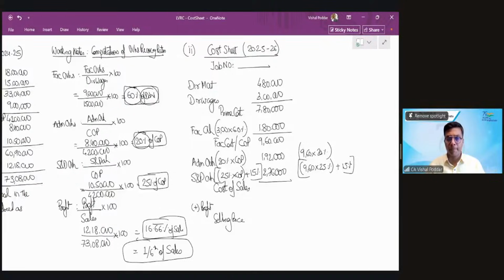This will be 468. And 468 plus 960 is 1428. Correct? Now, profit has to be maintained as 1/6 of sales. Now, we all know in maths, if it is 1/6 of sales, it will be 1/5 of cost. Correct?